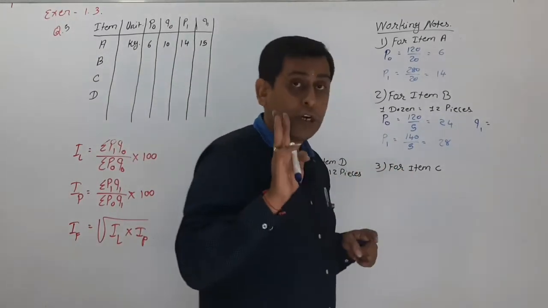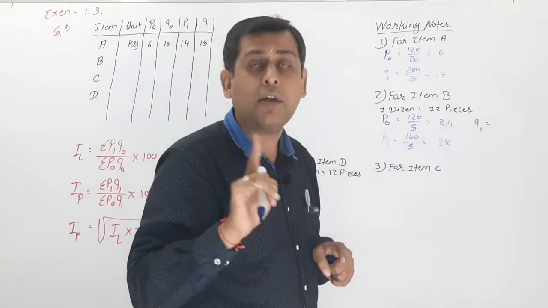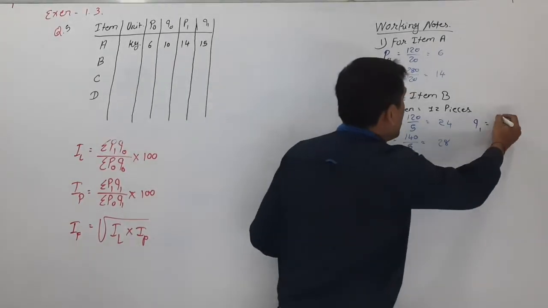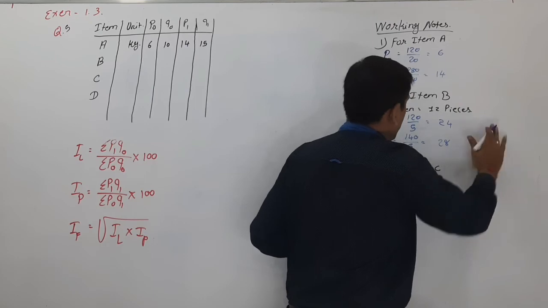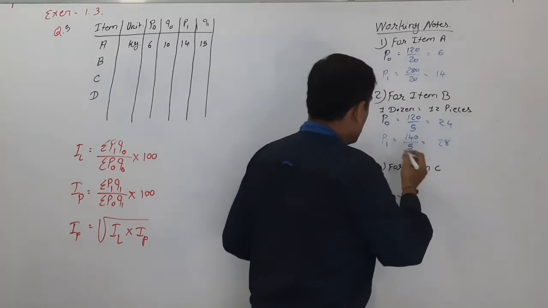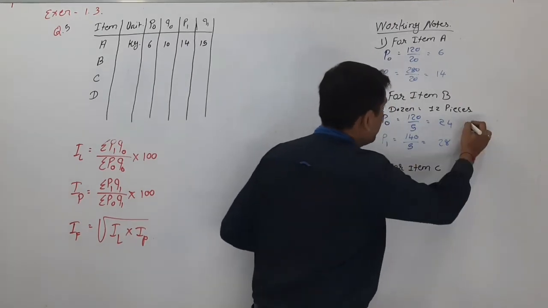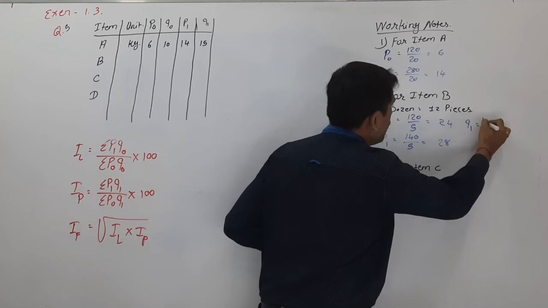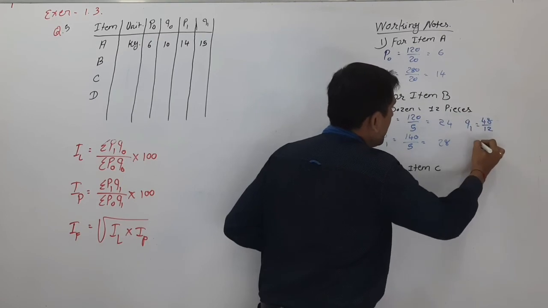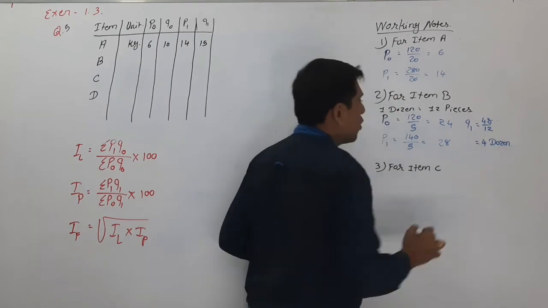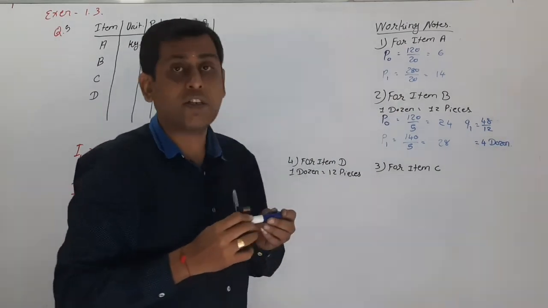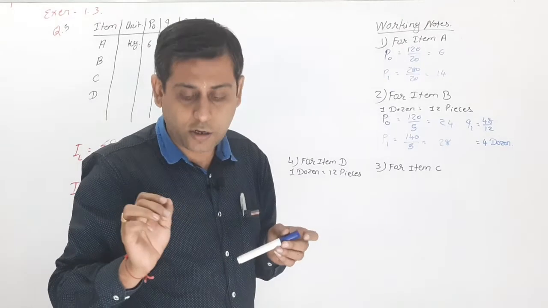So here 3 dozen is given in the base year quantity but 48 pieces is given. So here I am doing that, Q1 is equal to 48 divided by 12, that is 4 dozen. Okay, 4 dozen is the quantity for the current year.